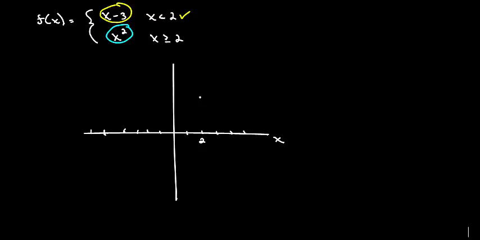For right now, I'll make a dotted line in here. Later I erase that, but I use this as a boundary. Over here is where I'm getting that 2 from. On this side over here, I'm going to see x minus 3. When x is greater than or equal to 2, on this side over here, I'm going to see x squared.